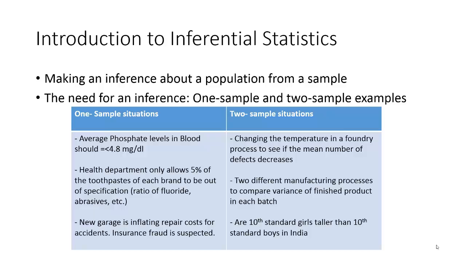Just to jog some of your memories, the idea behind population and sample is fairly simple. We've looked at it with a couple of examples, but you can think of the population in one of two ways. The first and the more obvious way is that there exists a really large data set associated with a phenomenon. So let's say the phenomenon was the height of all boys who are in 10th standard in public schools. Let's say that was for India, so it's a very large data set.